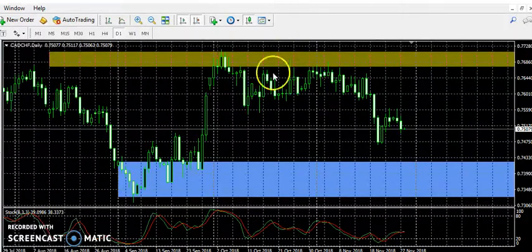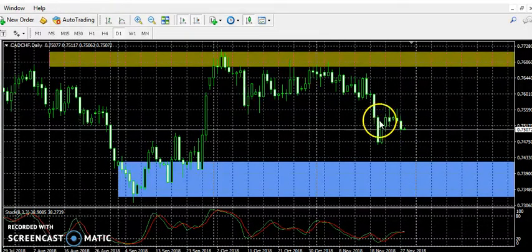So yeah, this is our daily. As we can see, price reacted to our demands here, went into supply, had resistance in supply before price went back down here. So we have price approaching our demand zone here.